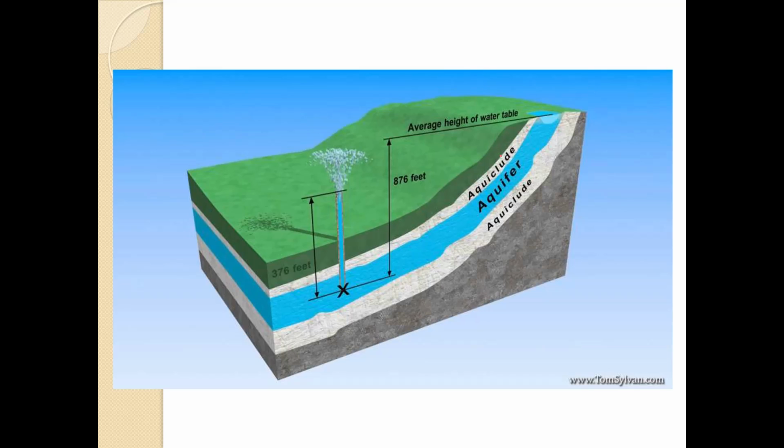So we have the aquicludes on both sides, with the aquifer in between, and as I showed you earlier, this is the height of water, and water used to jump like this from this well when we dig it. This height is, I think, 876 feet, and this is 376 feet. So water used to jump up to this height.